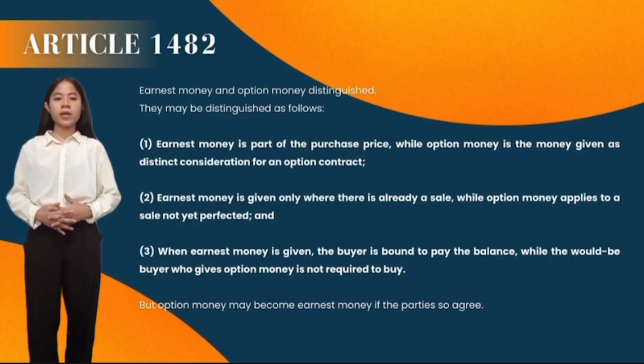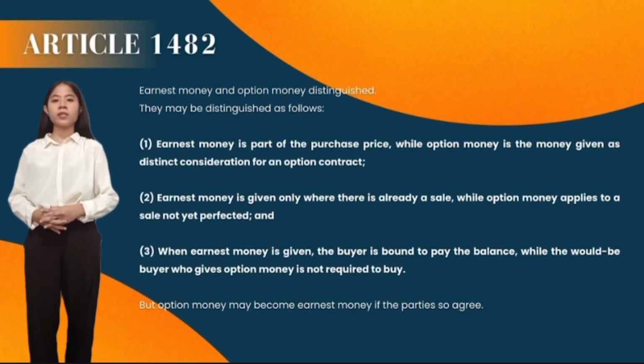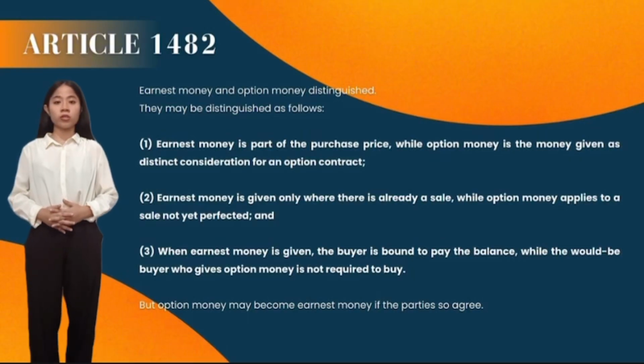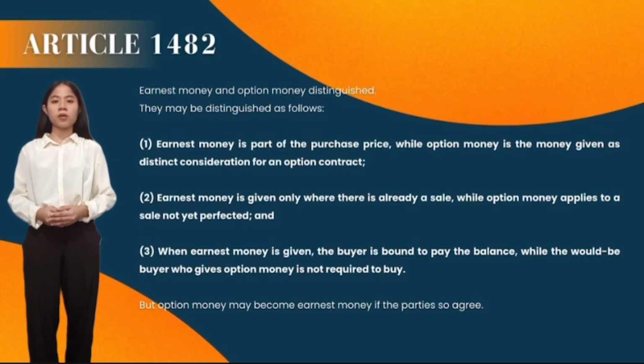Number 1, earnest money is part of the purchase price, while option money is a distinct consideration and is not part of the purchase price. Number 2, earnest money is given after the perfection of the contract, while option money is given before the perfection.